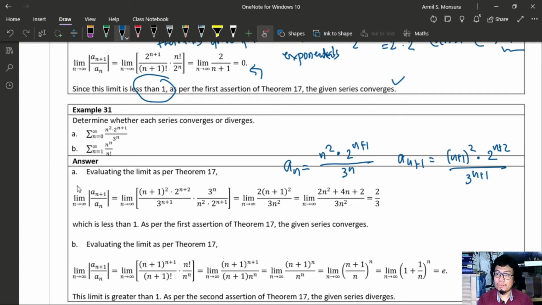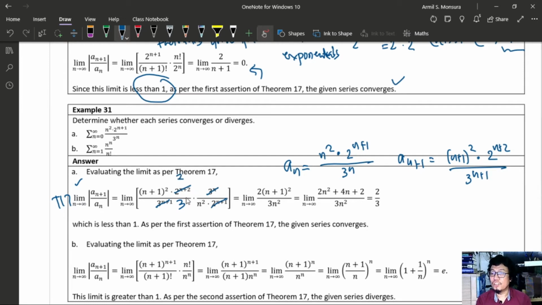So when you evaluate this limit as per Theorem 17, you have this as your a_(n+1), and this is the reciprocal of your a_n. So we take note that we can cancel this, and what remains is 3. We can cancel this, and what remains is 2.